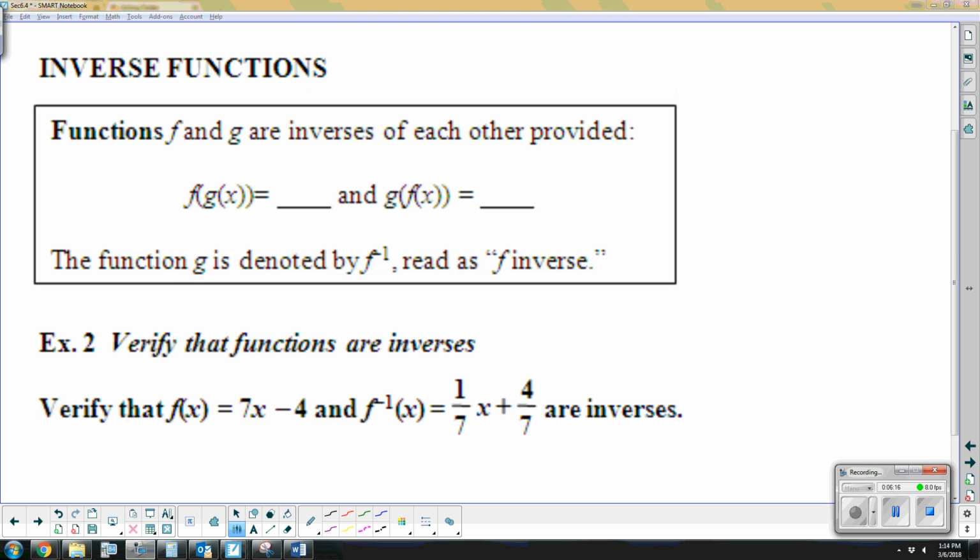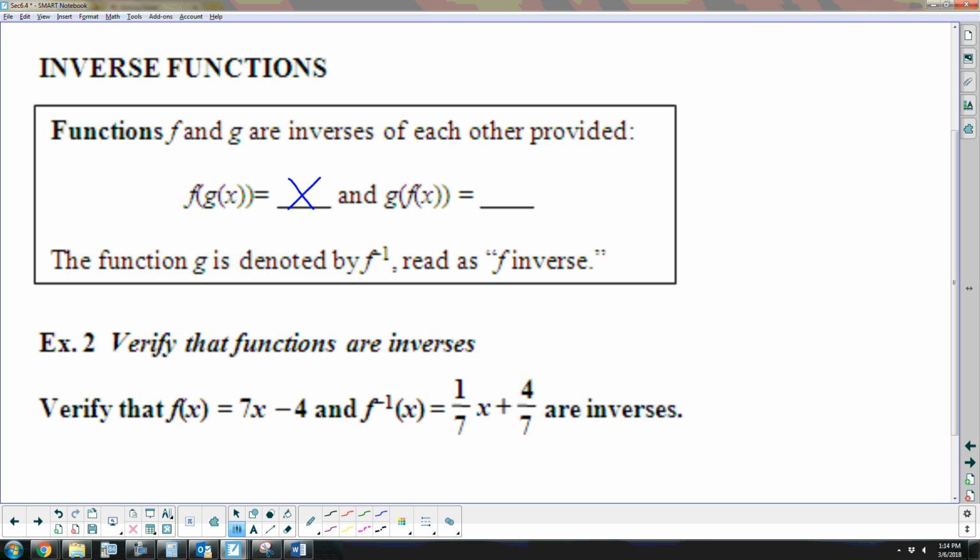So in the last lesson, we looked at compositions of functions. And in this definition of inverse functions, we're looking at the function g composed with f and the function f composed with g. Functions f and g are inverses of each other if g composed with f equals x and f composed with g is also x.